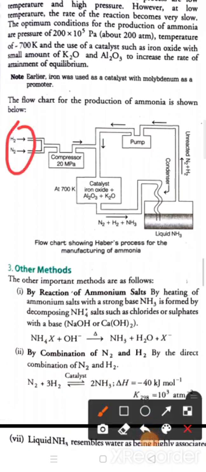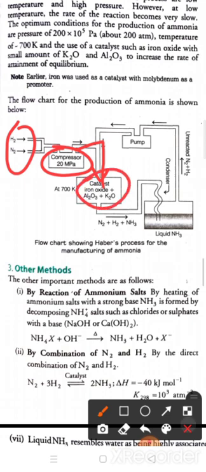Here H2 and N2 gases enter the process and are compressed by this compressor. Then these gases go towards the catalytic chamber, in which iron oxide, Al2O3 and K2O are present.